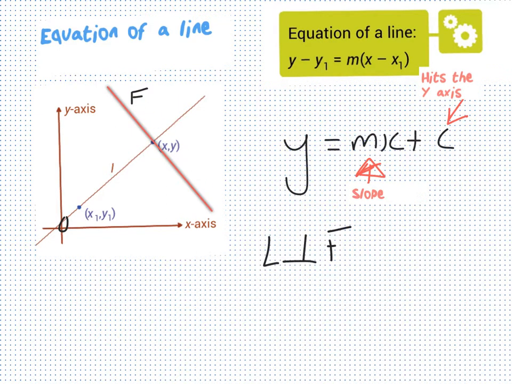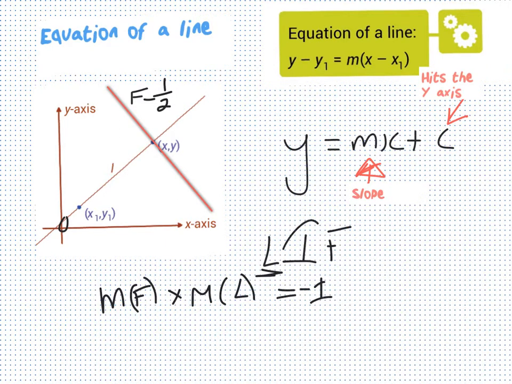So if I told you that the slope for F was minus 1/2, and I told you to find the slope of L, you would know that the slope of F multiplied by the slope of L has to give you -1 if it's perpendicular.